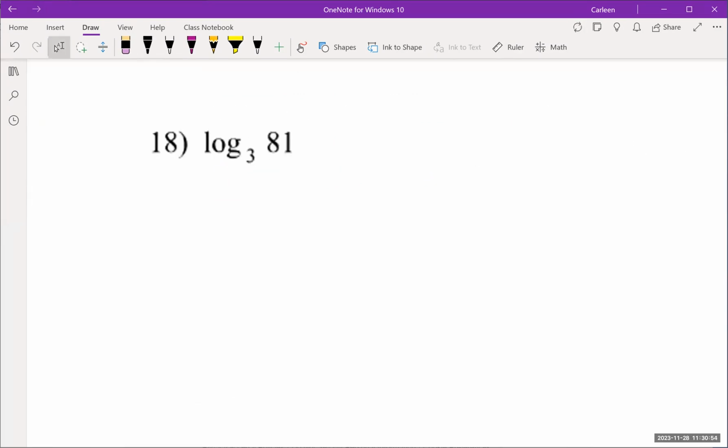Okay. Equals x. Rewrite this from log form into exponential form. Base, exponent, answer.